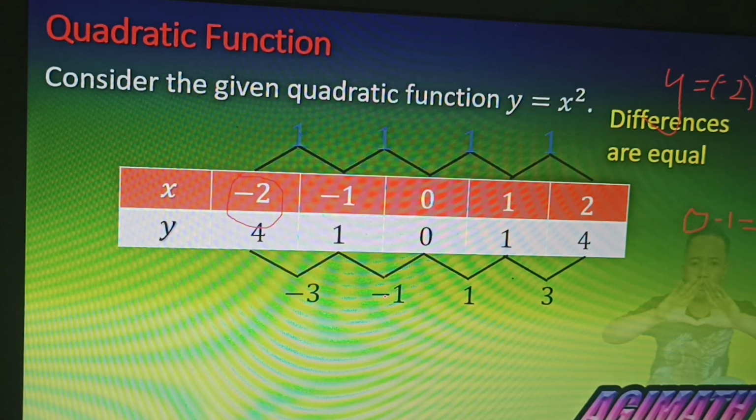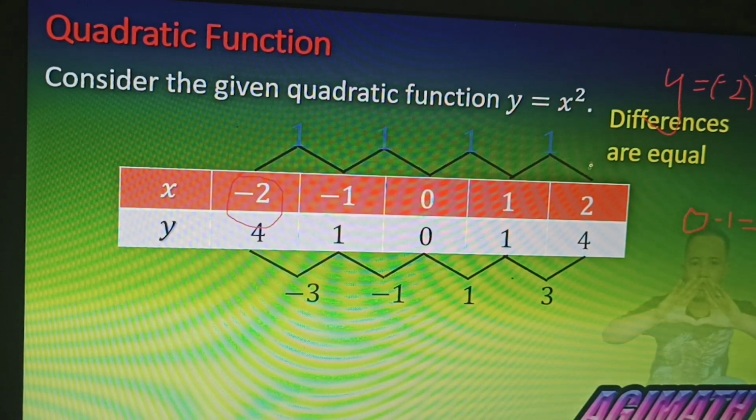Or if you don't like that, try and try until you succeed. Because our aim is to have like this, wherein the differences are equal. So let us give the values of y a second chance.